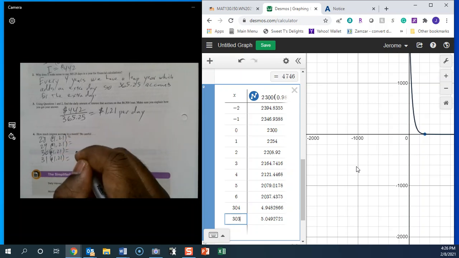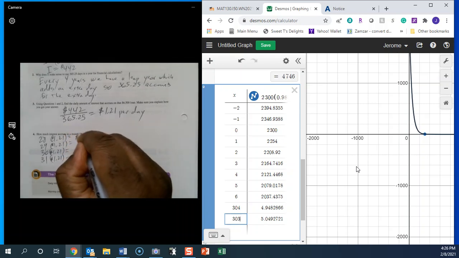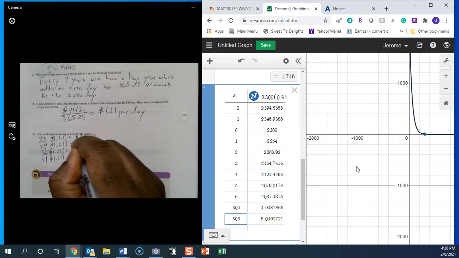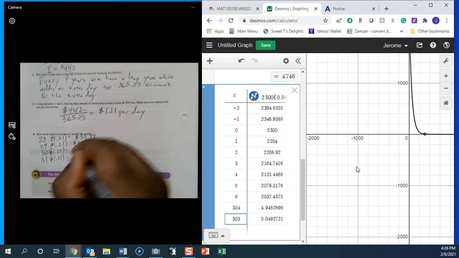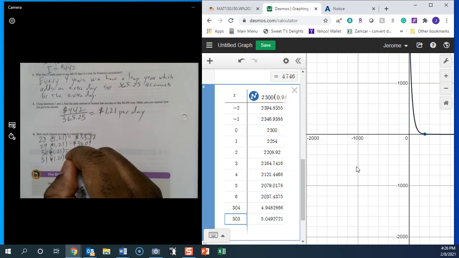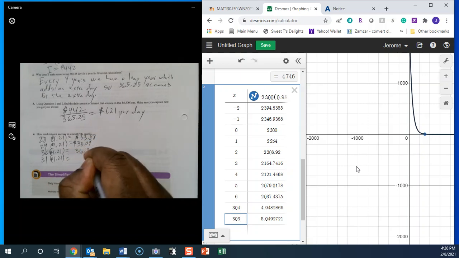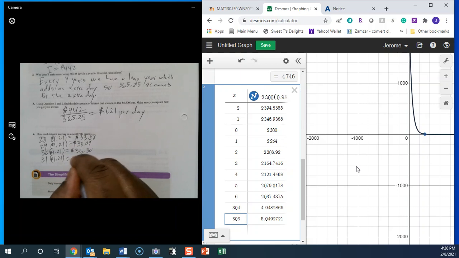When you multiply these, this will be $33.88, $35.09, $36.30, and finally $37.51.